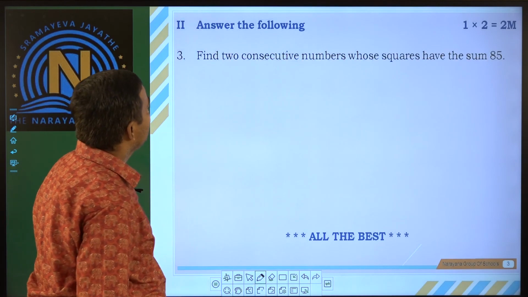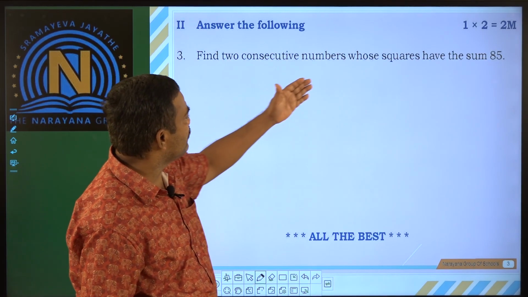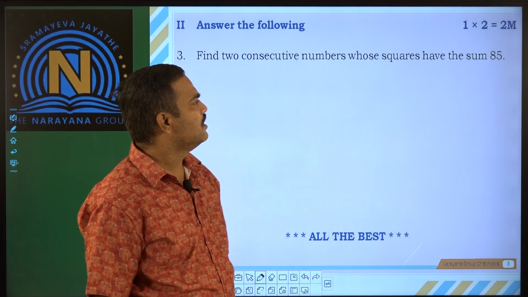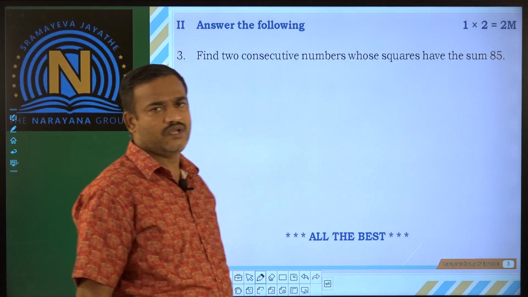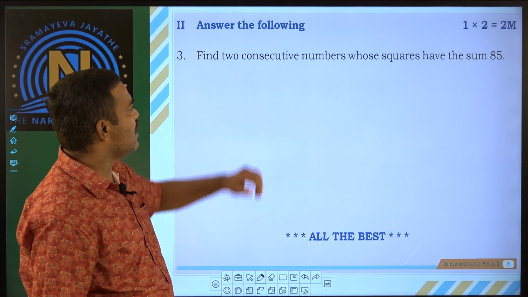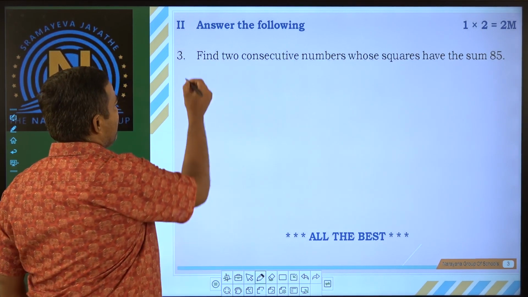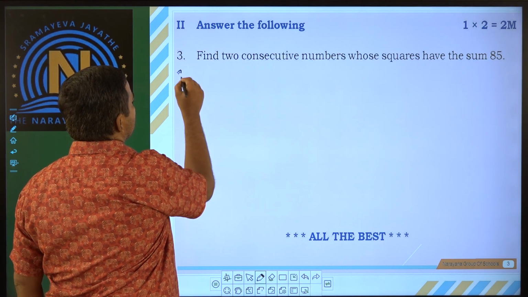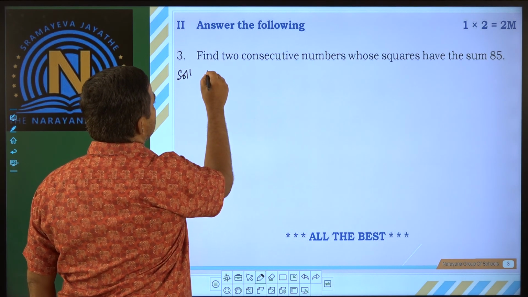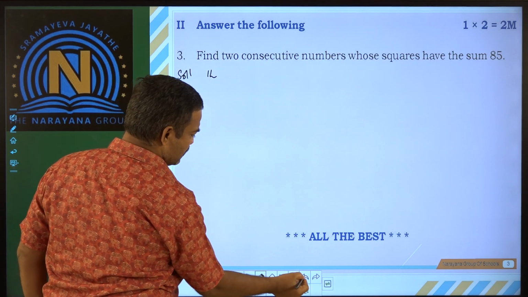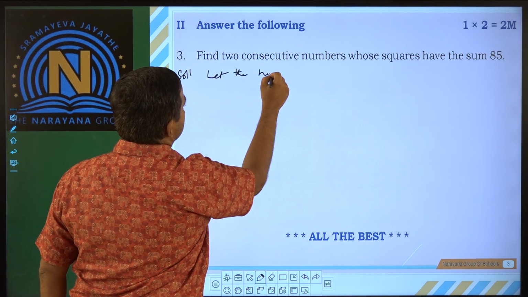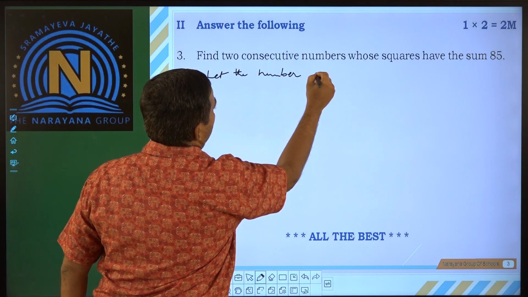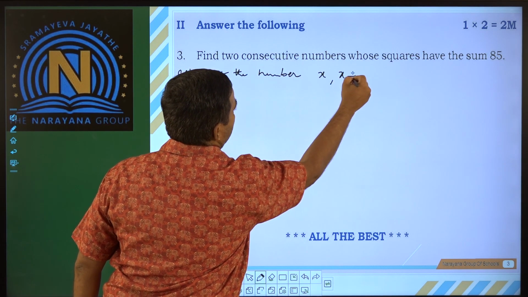Next, find two consecutive numbers whose squares have the sum 85. Two consecutive numbers. So here note the consecutive numbers. Let the numbers be x, x plus 1, consecutive.